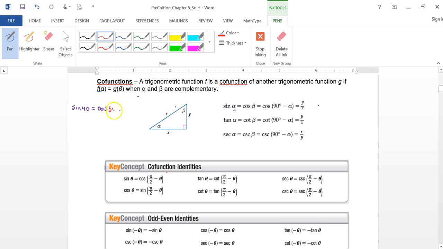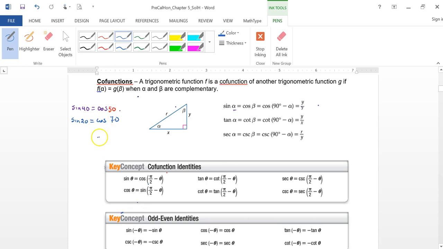50. See what I mean? So if I have sine of 20, that's the cosine of what? 70. Yes. These are cofunctions.